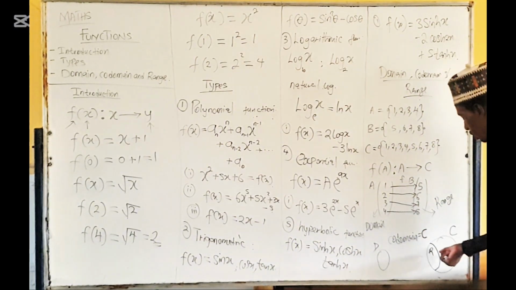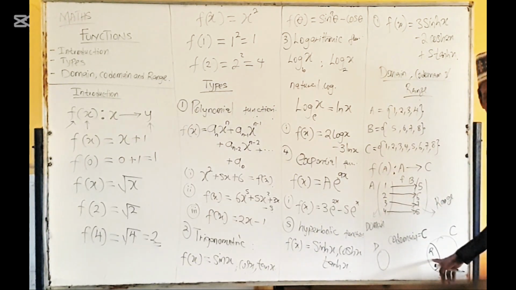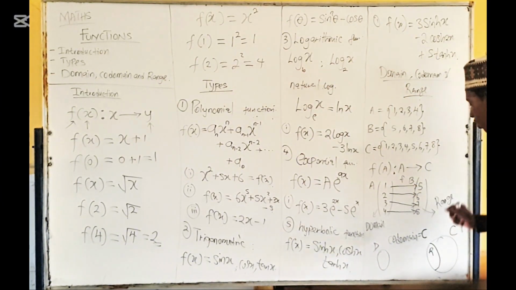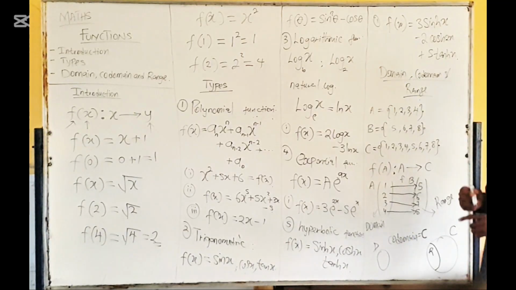But the actual outputs of the function are called the range, while the total possible outcomes of the function are called the codomain. And those inputs are called the domain. This is the explanation of the domain, the range, and the codomain.